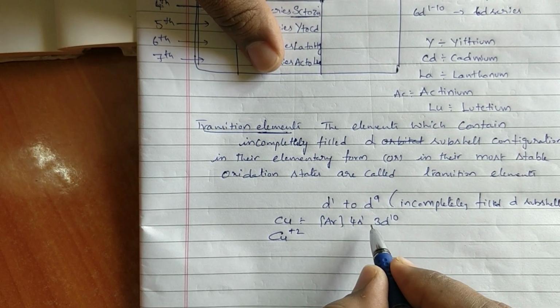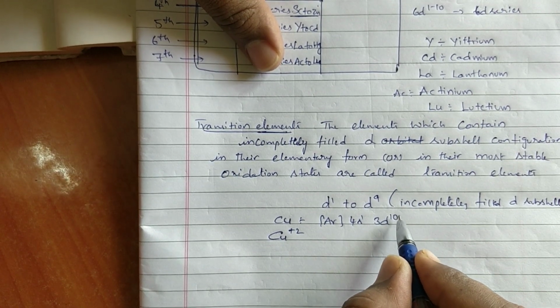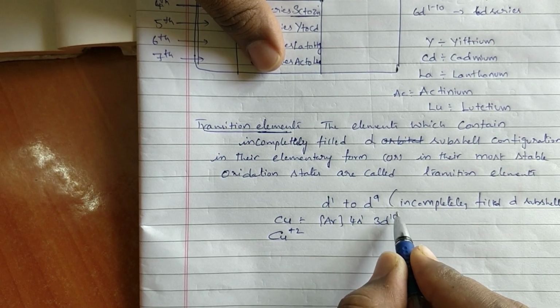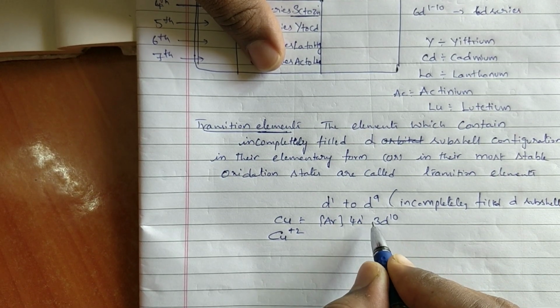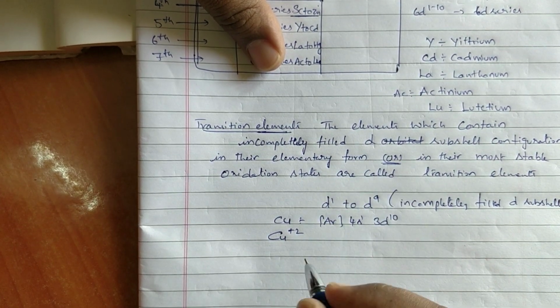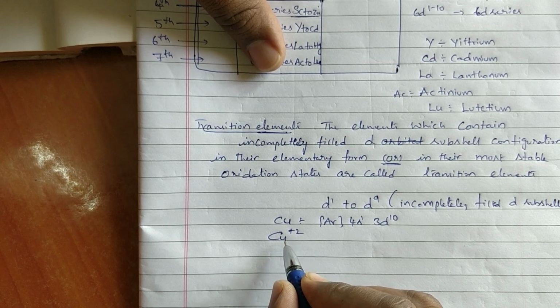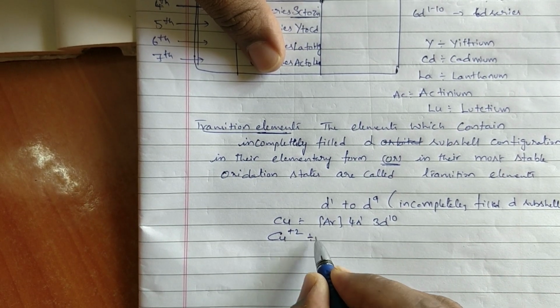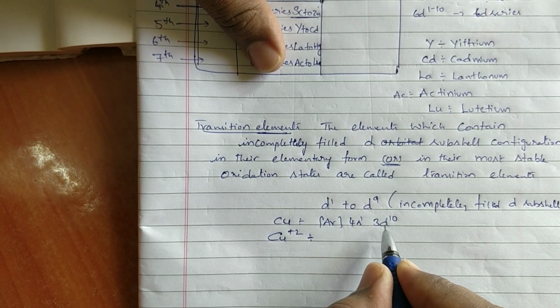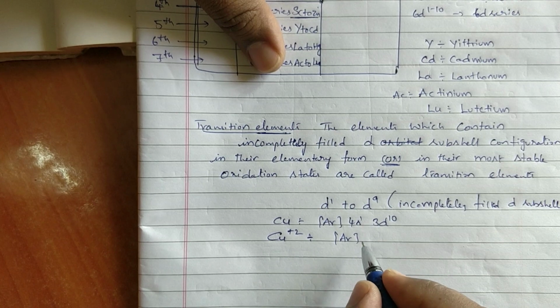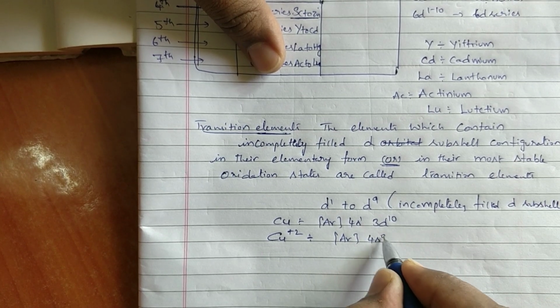In that elementary form, copper has a completely filled D configuration. But what is the stable oxidation state of copper? Cu+2. In Cu+2, two electrons must be lost from copper, so we write the electronic configuration of Cu+2 as argon 4s0 3d9.